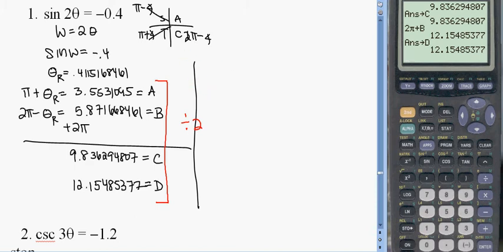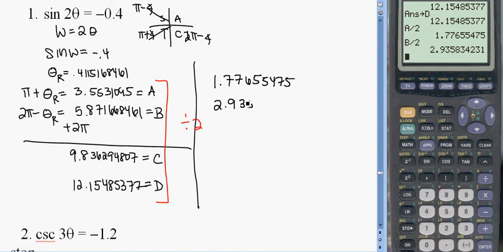So therefore my answers: if I take A and divide it by 2, I get 1.77655475. If I take B and divide that by 2, I get 2.935834231.